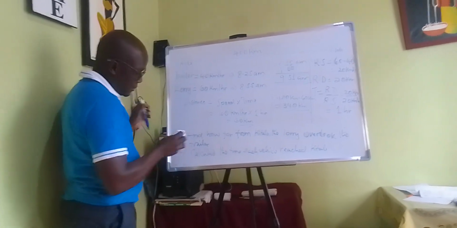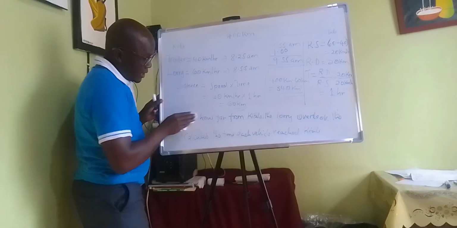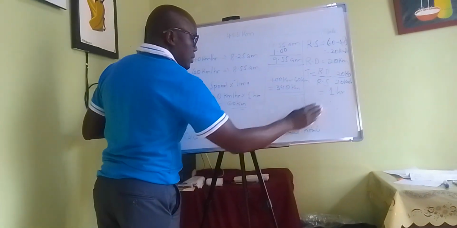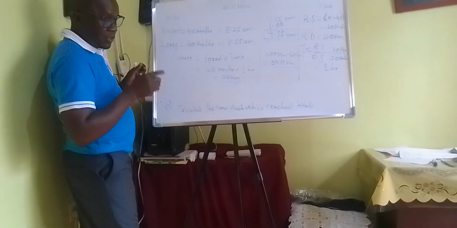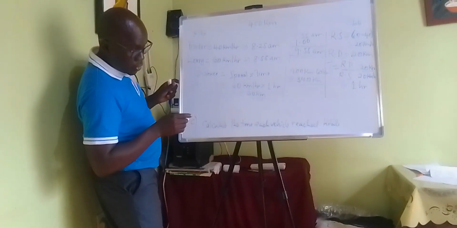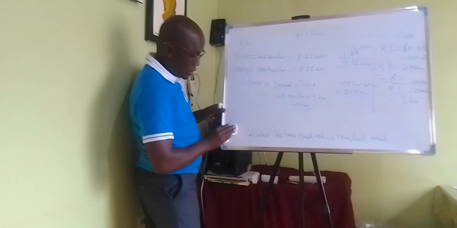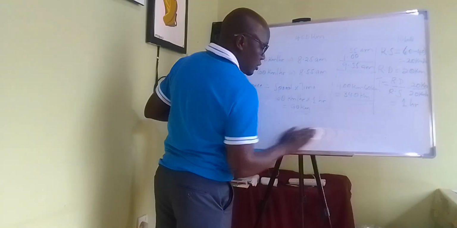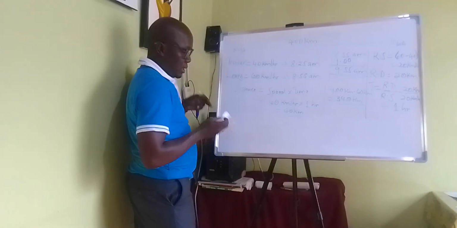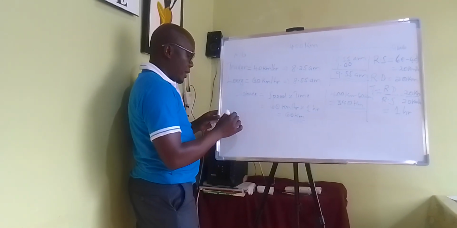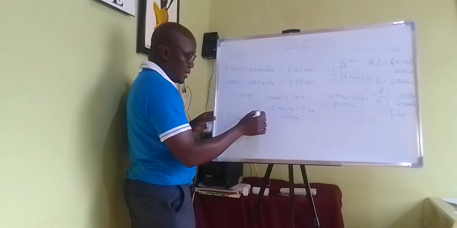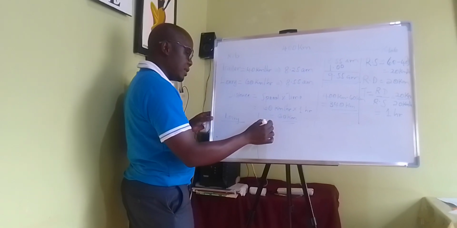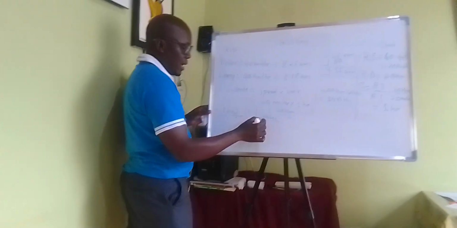Then lastly, we are asked to calculate the time each vehicle took to reach Kitale. Now we have the lorry on this end, and we have the trailer on the other end.